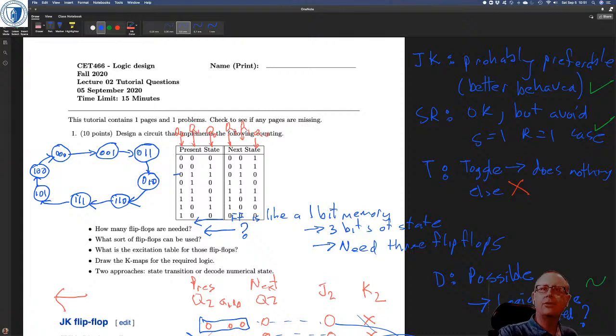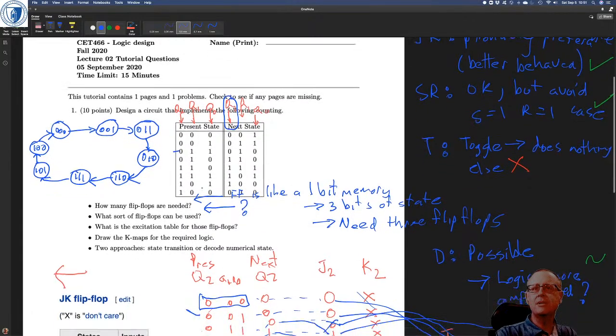these are the present state bits, okay? And all I'm doing is decomposing it, so I want to try and figure out how to get Q2 to change. So this is Q2 next here.